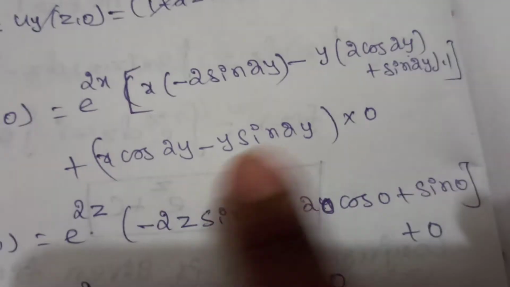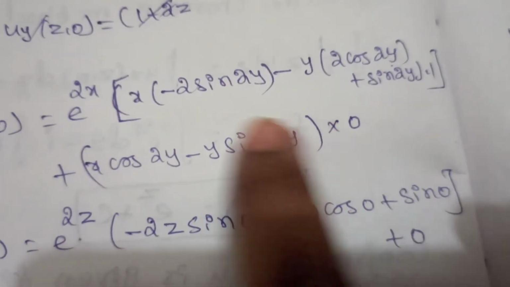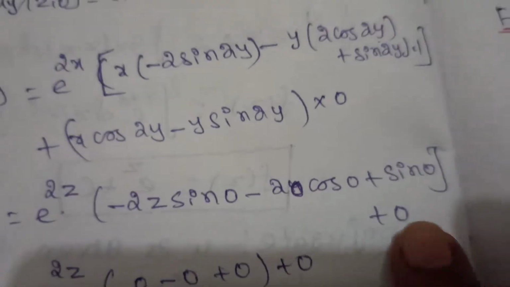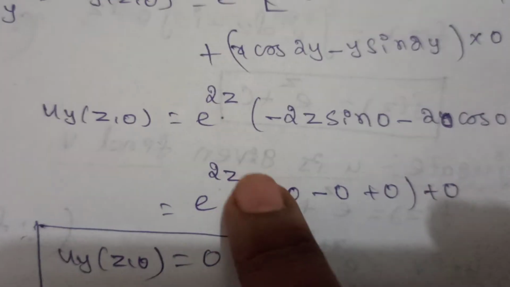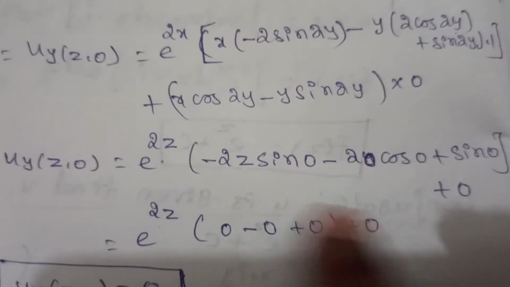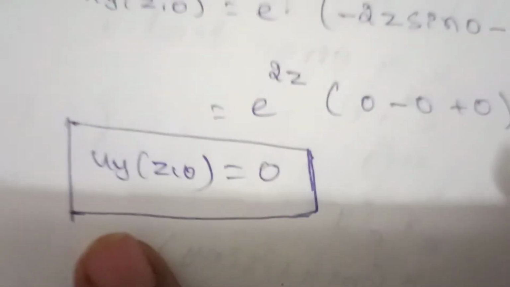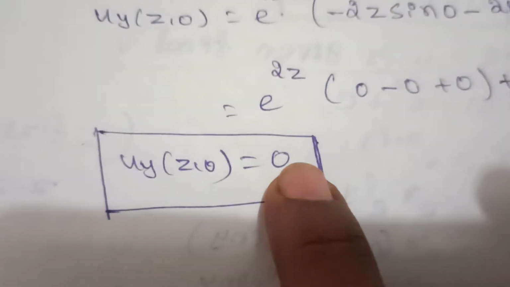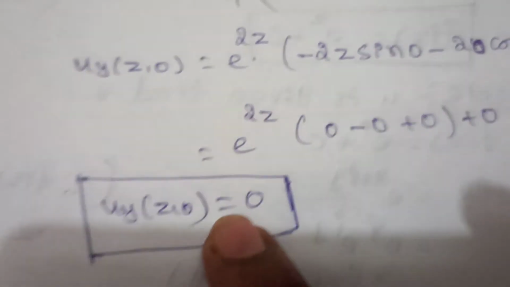Plus 0 into anything becomes 0. Therefore all the terms become 0, and finally u_y(z, 0) is equal to 0.